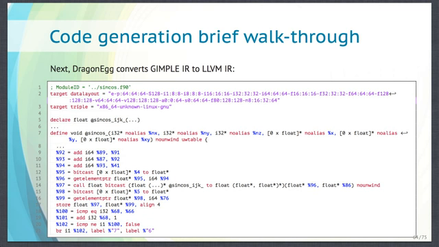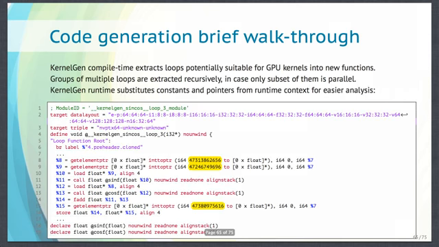So this is the equivalent representation of Gimple created by DragonEgg, and the IR here describes the entire function as it was originally in the application source code. At compile time, we are trying to guess which loops would potentially be capable of GPU execution. Note, at compile time, we don't generate the final GPU code because in many cases we don't have enough information.